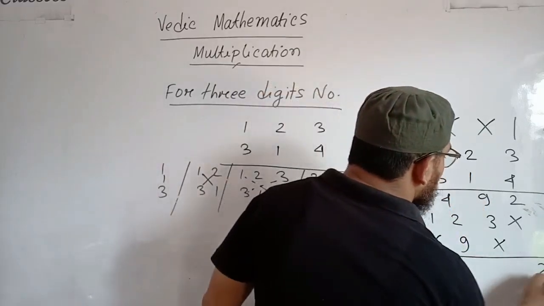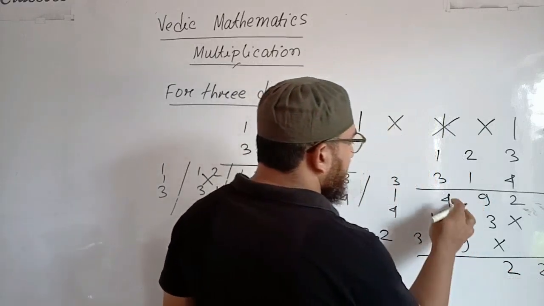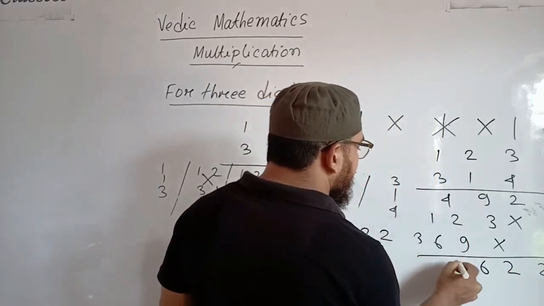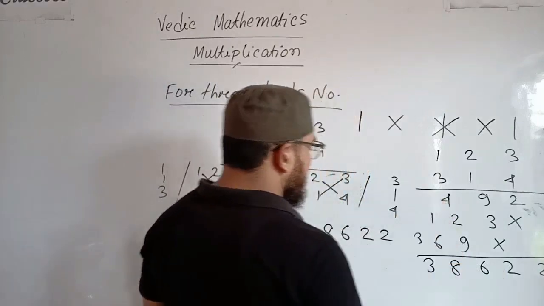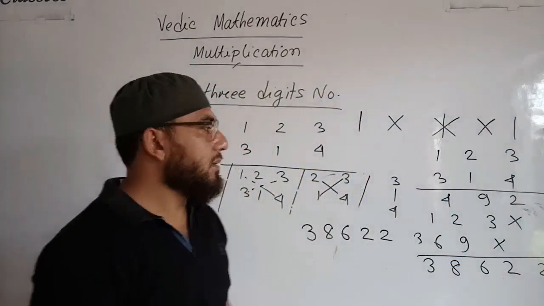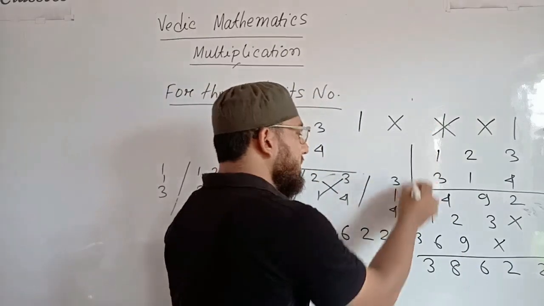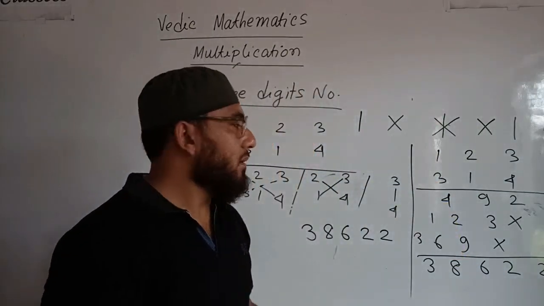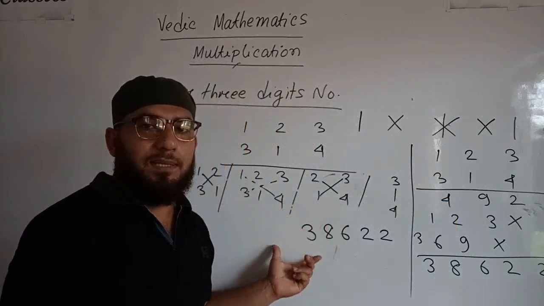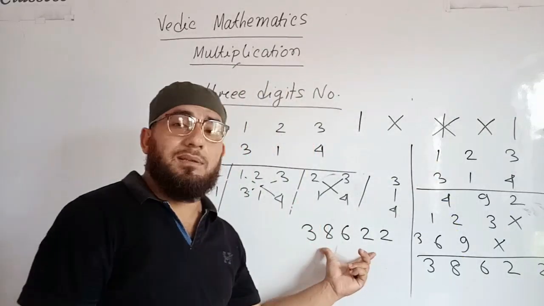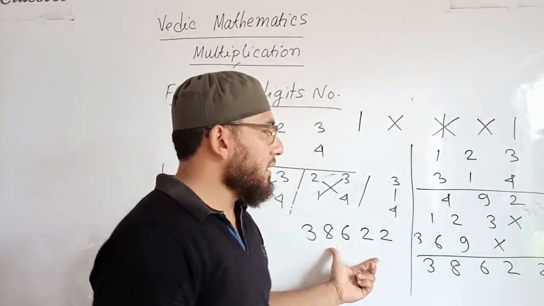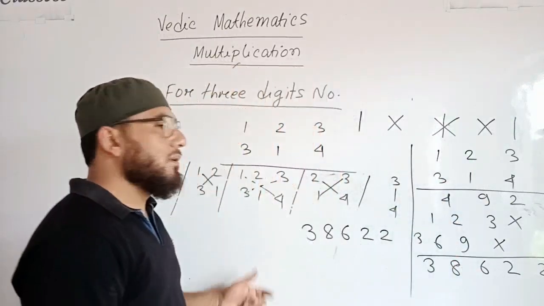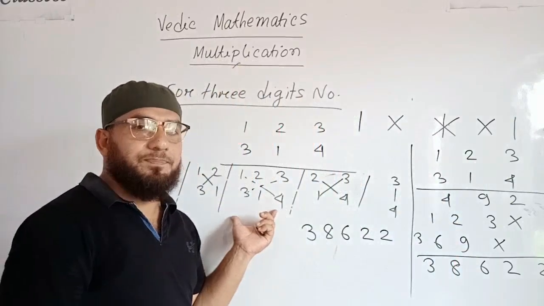Now add this: 2, 12, 6, 15, 16, carry 1, 6 1 7, 8, so this is the answer. So this method is the traditional method and this one is the Vedic method. You can write the answer in one line, but in the case of the normal method you need much more time. So this is very much faster than the normal method.